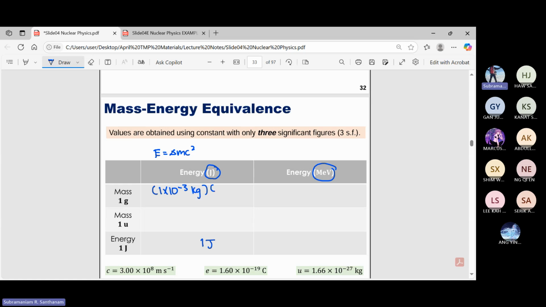You multiply by 3 times 10 to the power of 8, squared. That will give you the answer. Okay, work it out. Complete that first.